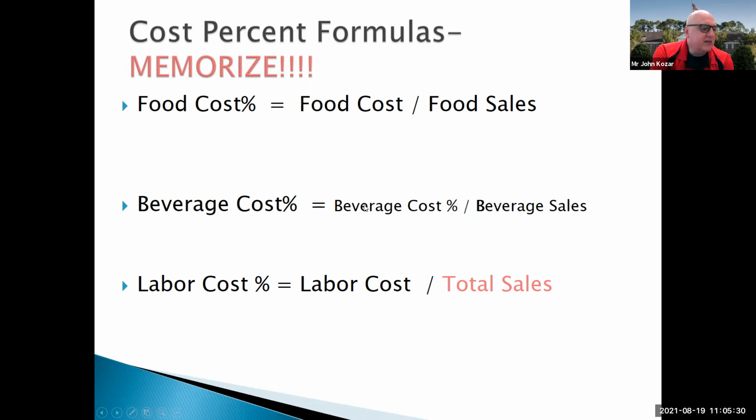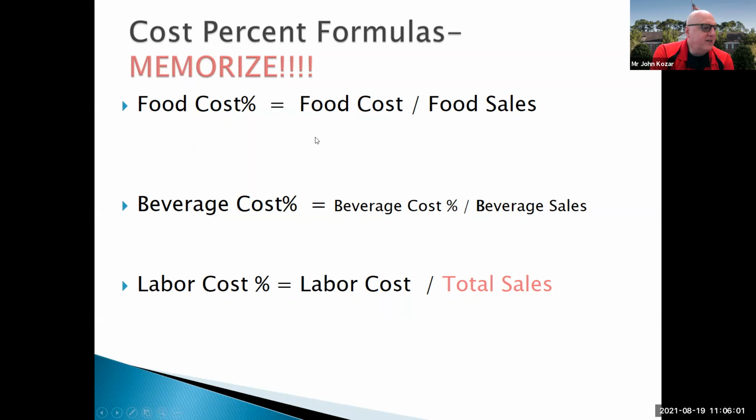Beverage cost percent is going to be equal to, and this is a typo here, just the beverage cost divided by beverage sales. And labor cost percent will be equal to labor cost divided by total sales. So where beverage is just associated with beverage sales and food is associated with food sales, labor cost applies to total sales.